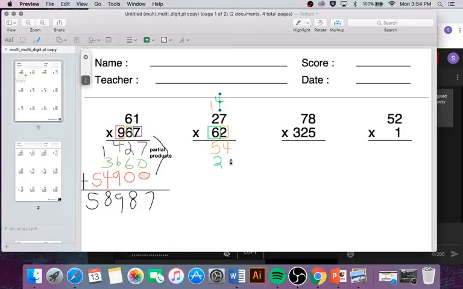And put a 0 here to hold our place value. Okay, so now we have 6 times 2 is 12. We're going to add our 4, which is 16. So we put down our 6, and we put down the 1 because we don't have anything else to multiply by.